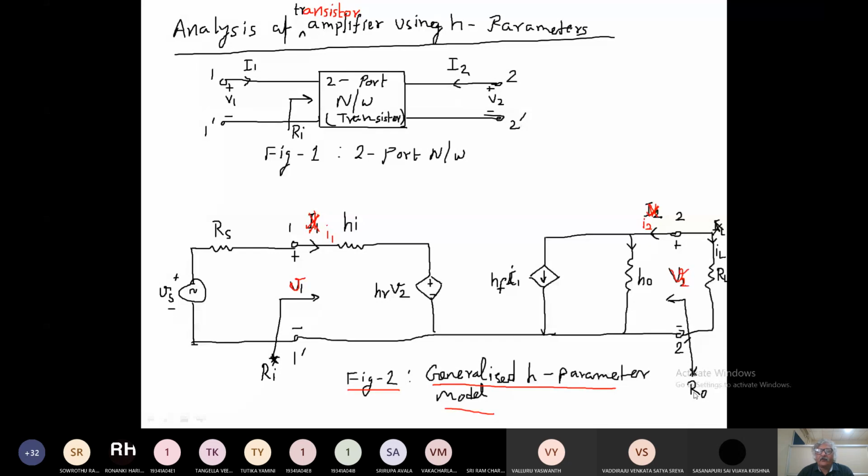And we calculate R naught from this point. R naught will be the voltage at terminal 2 and 2 dash divided by the current, so voltage is V2 and current is I2. So V2 by I2, from that equation you will get R naught.